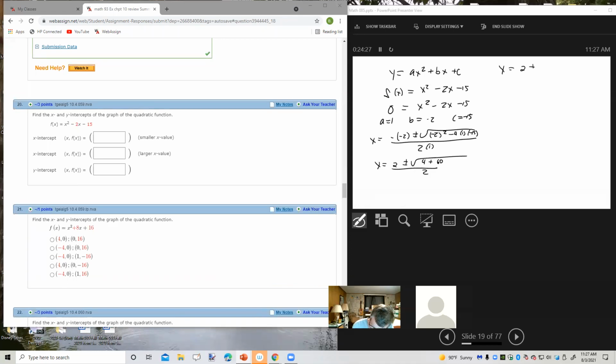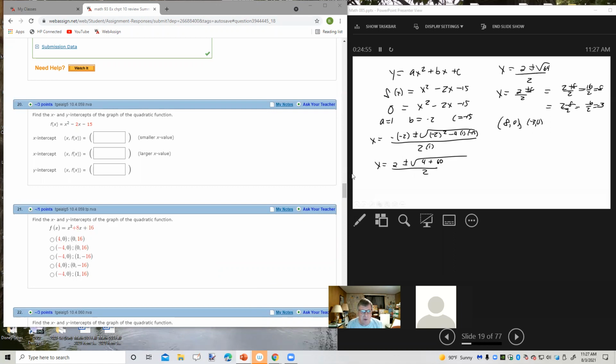X is 2 plus or minus the square root of 64 all over 2. X is 2 plus or minus 8 all over 2, which is 2 plus 8 over 2, 16 over 2, which is 8. 2 minus 8 over 2, negative 6 over 2, negative 3. So your x-intercepts are going to be at 8, 0, negative 3, 0.